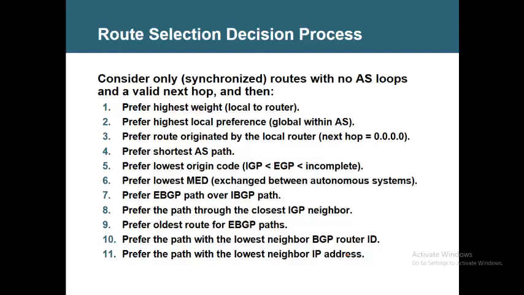Finally, we have come to the sequence: the route selection decision process. Let us consider you have a synchronized, no loop path with a valid next hop.